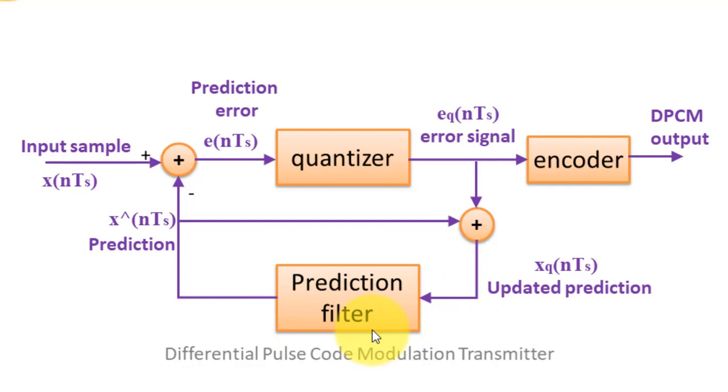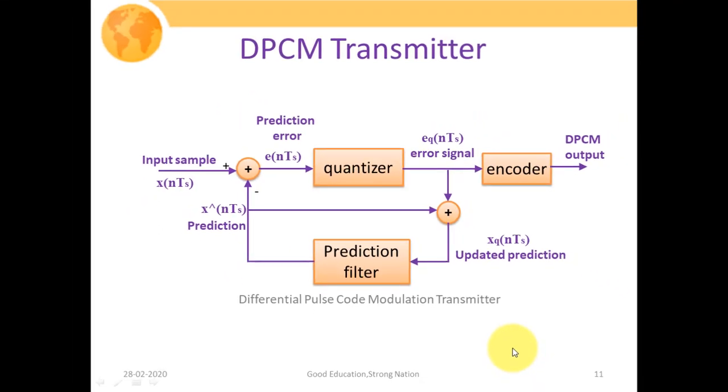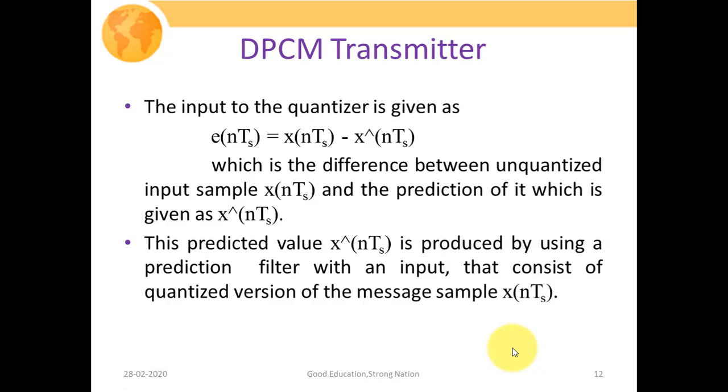So on the basis of the previous predictor output and the error signal, the predictor filter generates the current or present prediction output or sample value. The major job of the prediction filter or predictor is to generate a sample value which is almost equivalent to the incoming current input sequence. So this is all about the differential pulse code modulation transmitter. Now we're going to discuss it in greater detail with some mathematical equations.